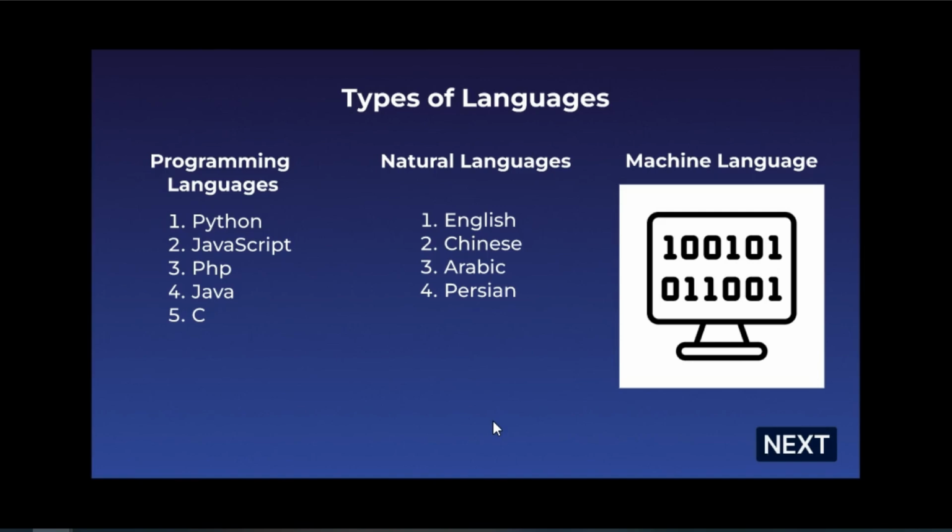And the machine language is basically a bunch of zeros and ones. The set of instructions that we write is translated into binary code, which is basically 1 and 0, and that is the core language that the machine understands. The machine does not understand what print is, so there are translators in between that translate whatever we write in the programming language of your choice into machine language, which is binary code.